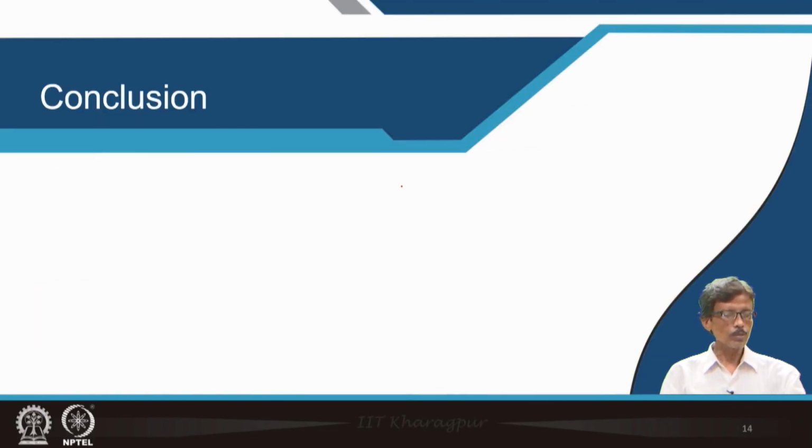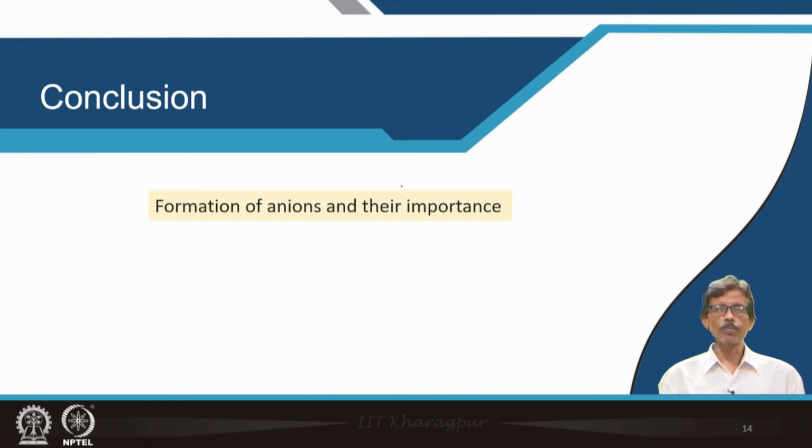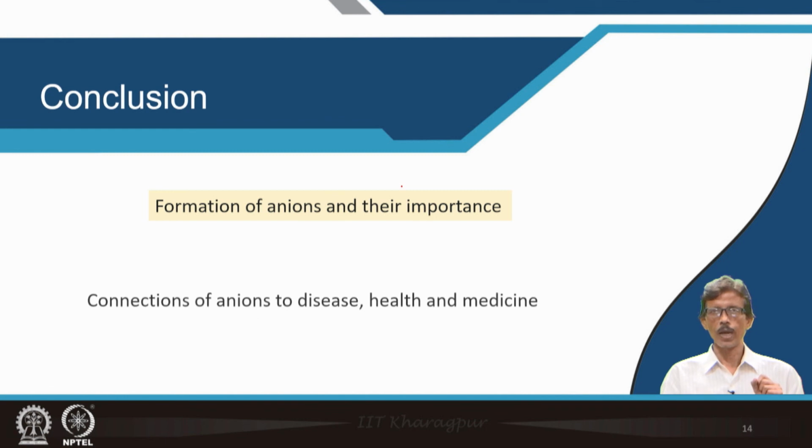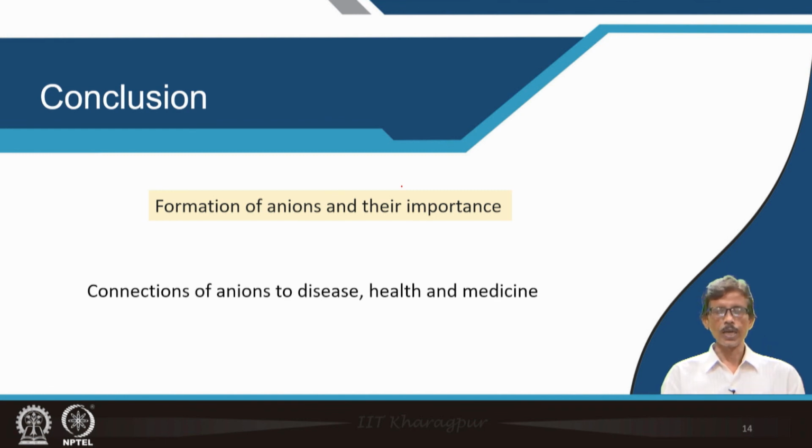So, in conclusion, we just very briefly will now tell, you should understand it nicely, that what we are talking about is how you can get the formation of anions and their importance. So, you know the molecules, when you breathe we take oxygen, how it is related to the formation of very important anions, or you are taking something externally like your table salt in your food material, sodium chloride, or from other food stuff, potassium chloride, how chloride will take part in all these cases, or the biology of the chloride ions or the biology of the carbonate ions.